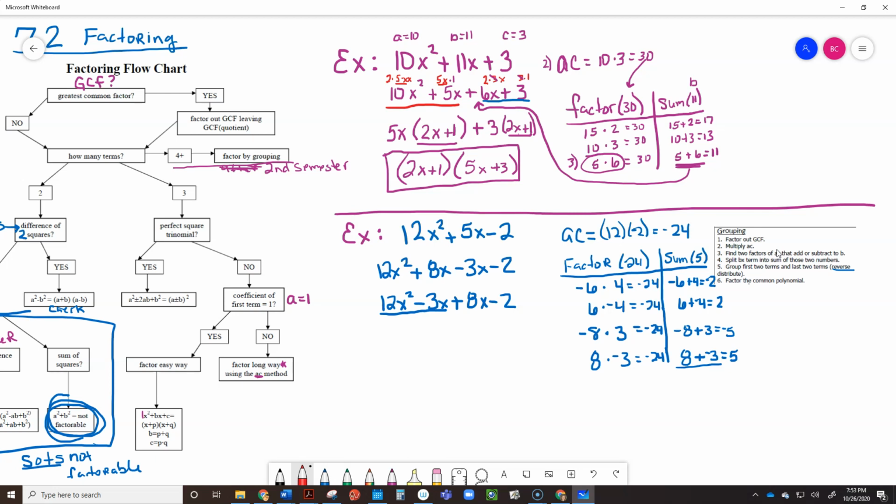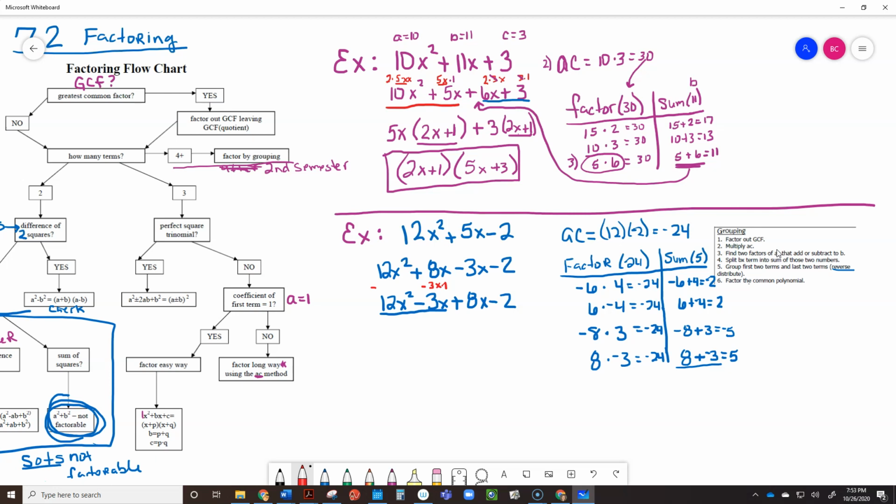And my factors here, this is going to be negative 3x times 1. What if I pull out a negative 3, and, oh, my dogs.